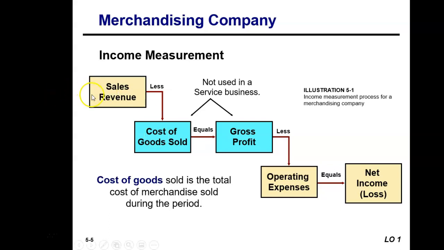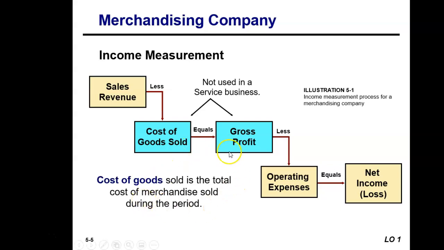If you take your sales revenue minus your cost of goods sold, it shows the gross profit, which is really just a markup of the product that was sold. If they paid for a product, say $60, but they sold it for $100, then the gross profit would be $40. So gross profit is sales revenue less your cost of goods sold.